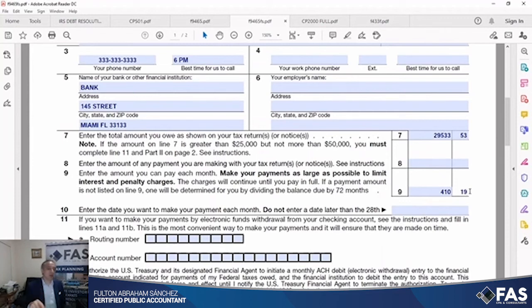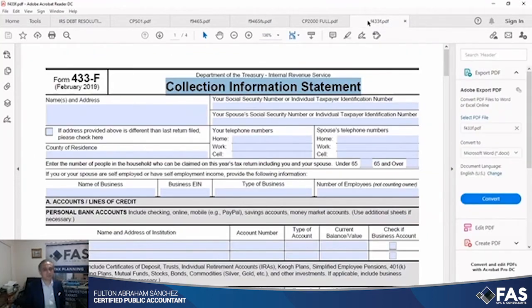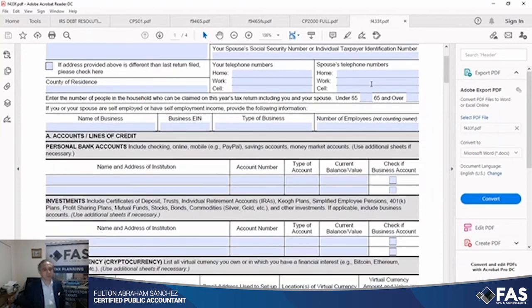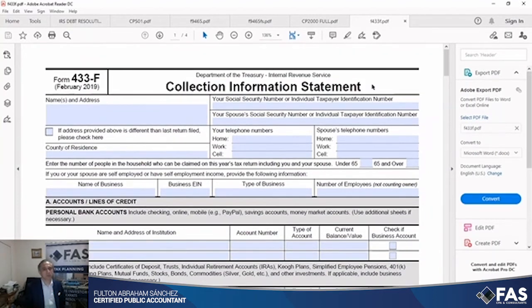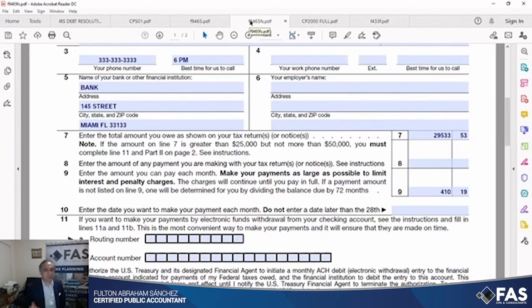If you are not able to pay that, but you still have income available to make some payment, and you are not able to pay $410, you need to use Form 433 and provide all the information on Form 433 to tell the IRS that you cannot pay that.